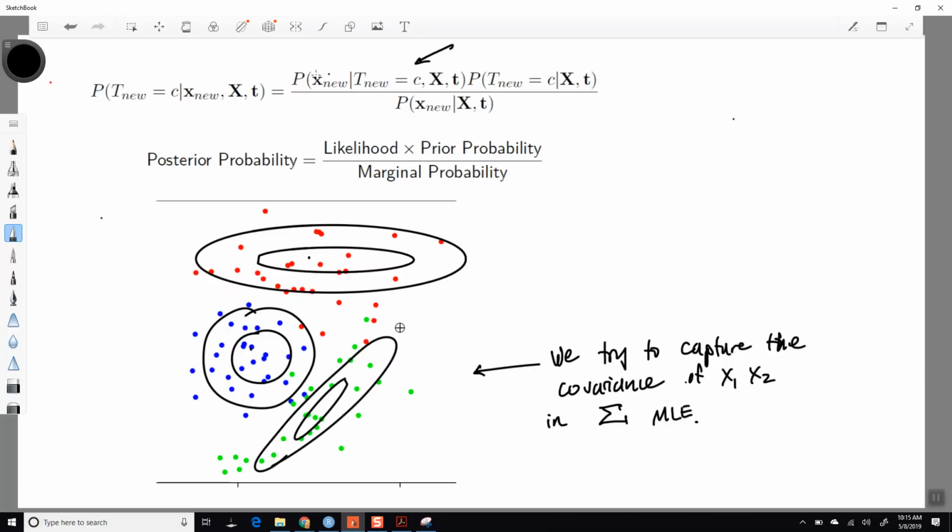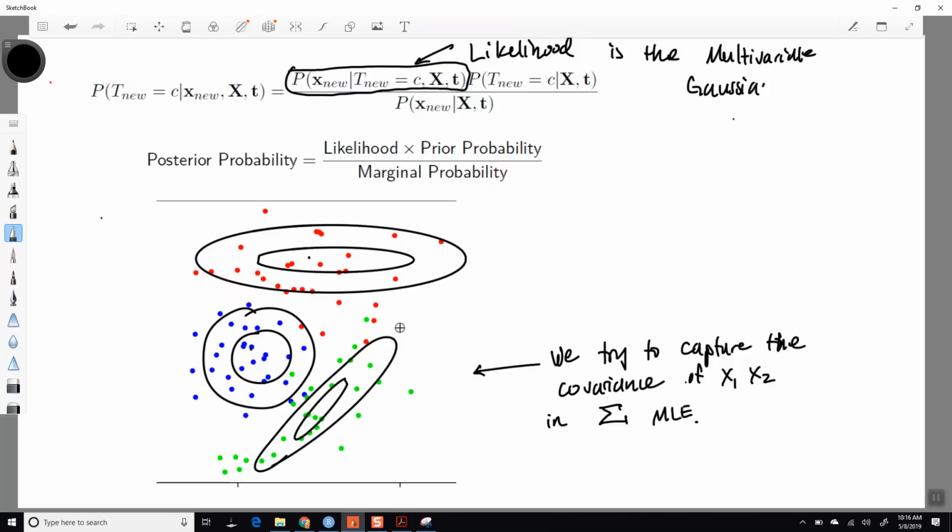So this is the likelihood portion, the multivariate Gaussian.